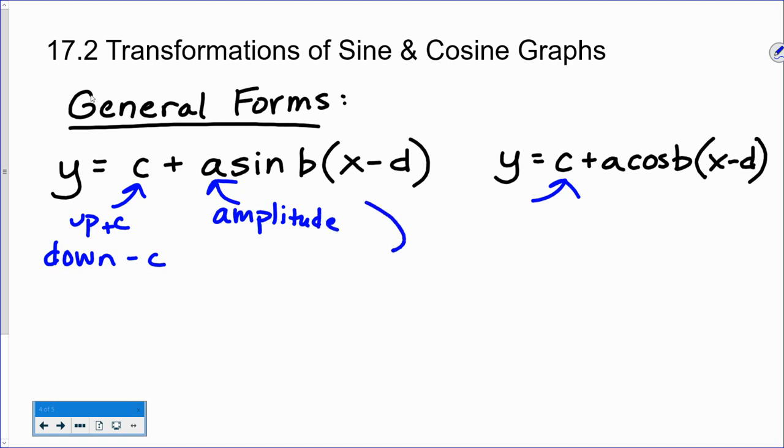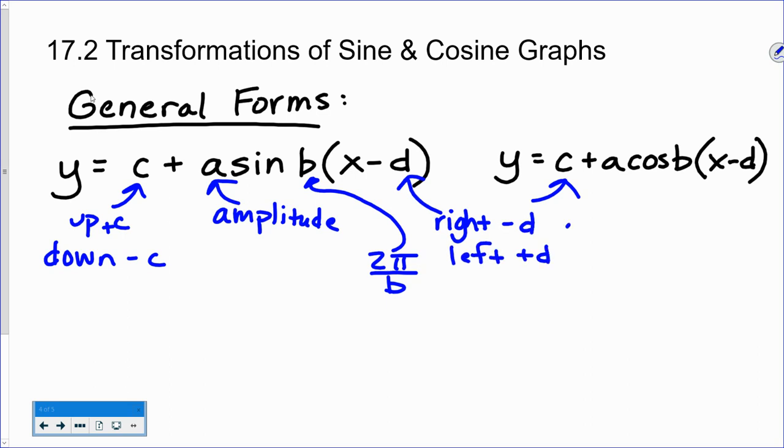B, if you recall, helps you determine the period by taking 2 pi and dividing by b. And then here, D is going to move it right if it's minus D, left if it's plus D, and we call that a phase shift.